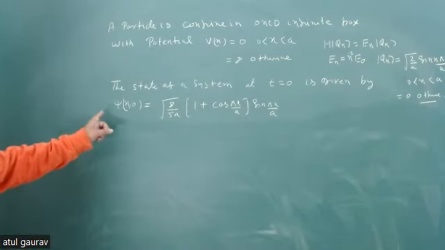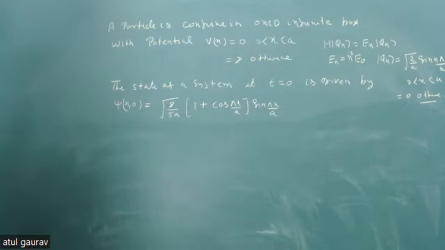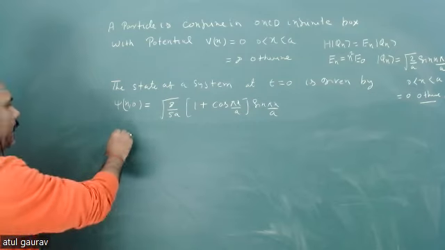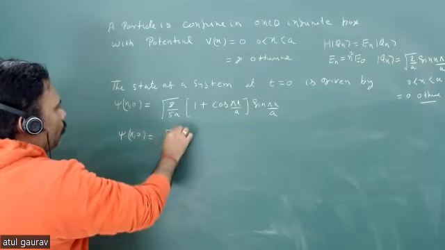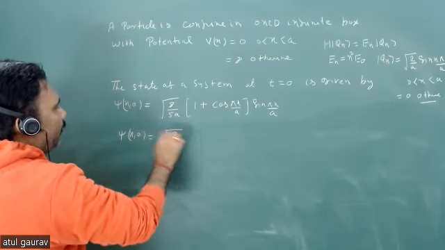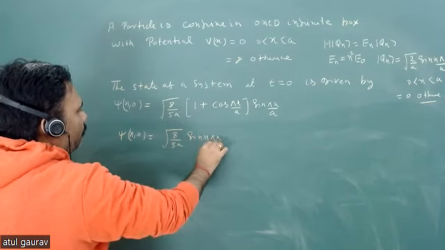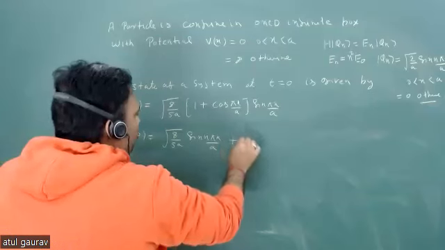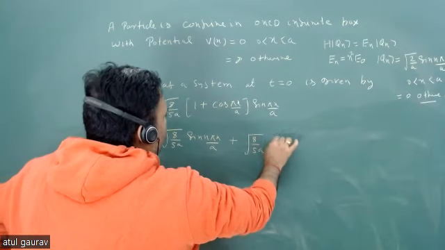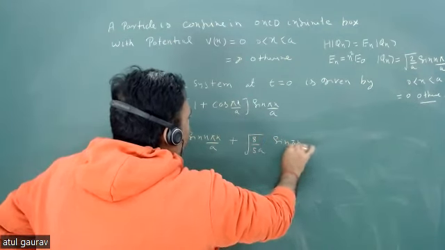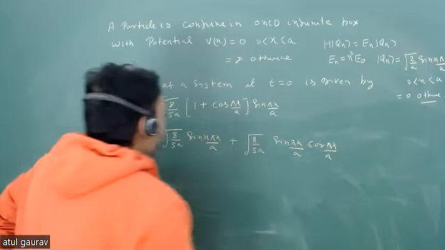Now my first target is that we have to write it in a basis of phi 1 and phi 2. So can I write this thing as psi x0 is equal to root 8 upon 5a sine pi x upon a plus root 8 upon 5a sine pi x upon a cos pi x upon a.